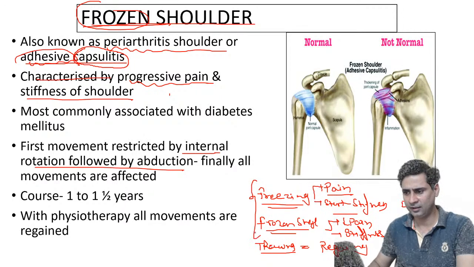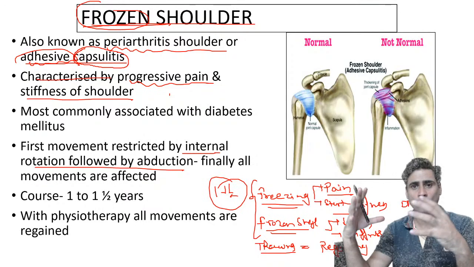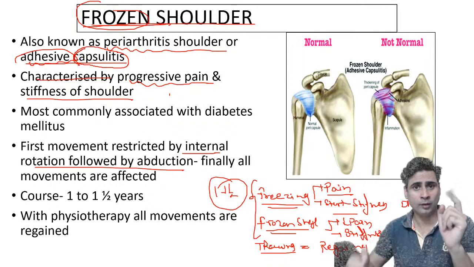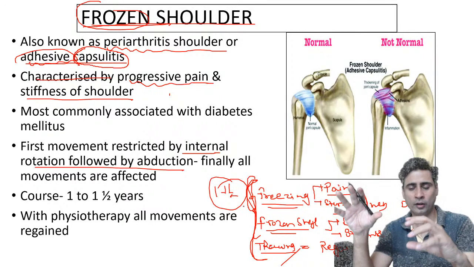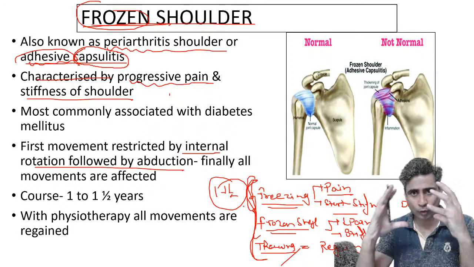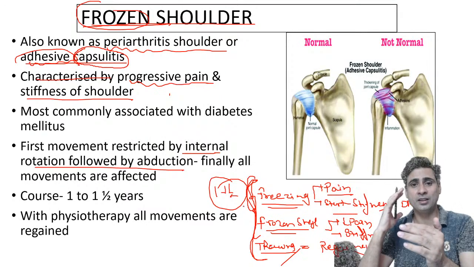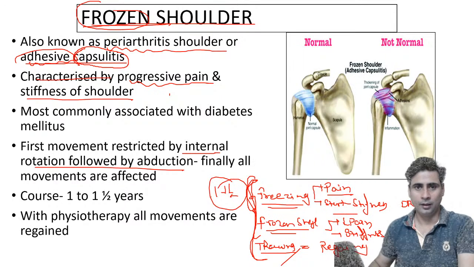And this disease has the usual course of 1 to 1.5 years most of the time. Freezing, frozen, thawing, and the patient will regain all of the movement. But you should remember, the patient will regain all of the movement only if you are giving proper physiotherapy during that period. Otherwise patient may develop permanent stiffness.